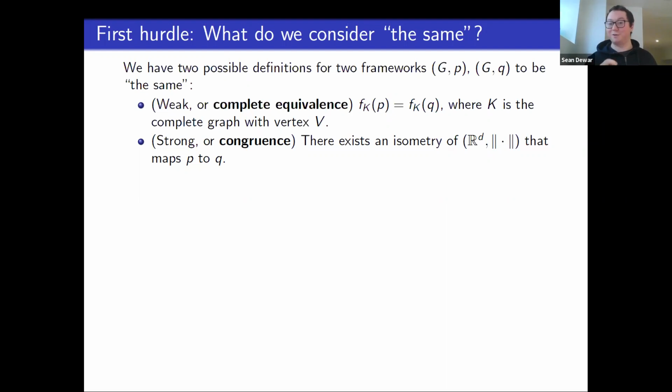Now, our first hurdle with norm spaces is that this is never always true. So here is an example of a framework. It has complete equivalence because it's just 2 points with an edge connecting them. We've got it in the L infinity norm space, which is the norm space in 2D that has the square as its unit ball.